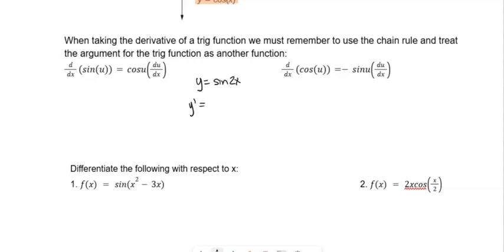My first step will be to take the derivative of sine, and the derivative of sine is cos. So the derivative will be cos 2x. But then I also need to take the derivative of the argument. The argument is 2x, and the derivative of 2x is 2. So the derivative of sine 2x is 2 cos 2x.